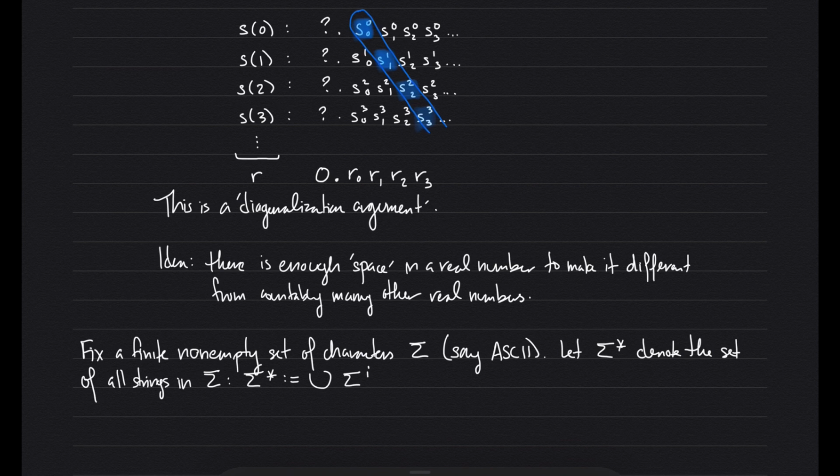So sigma to the 5 is sigma times sigma times sigma times sigma times sigma, which we've talked about before. And we want to take a big union of these sets for all the natural numbers, so from 0 to infinity. So we want to take the union of sigma to the i for every natural number i.